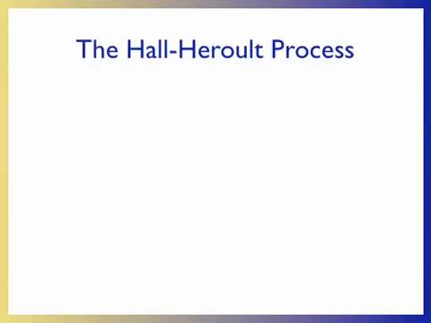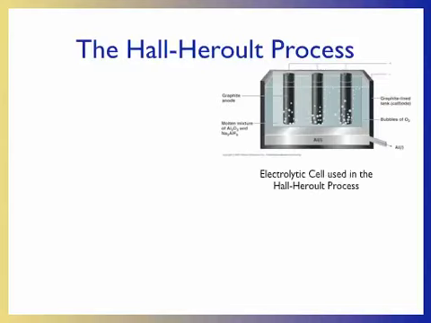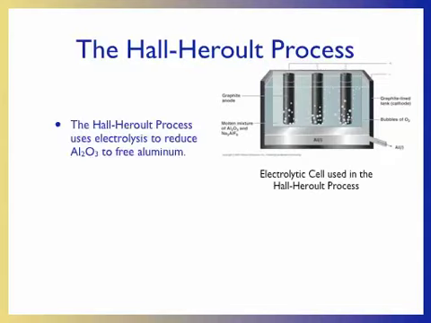Another way to reduce highly active metals is to use what's called the Hall-Héroult process. This process is very specific to aluminum, but you can perform electrolysis on other active metal compounds as well. The Hall-Héroult process uses electrolysis to reduce aluminum oxide to free aluminum.